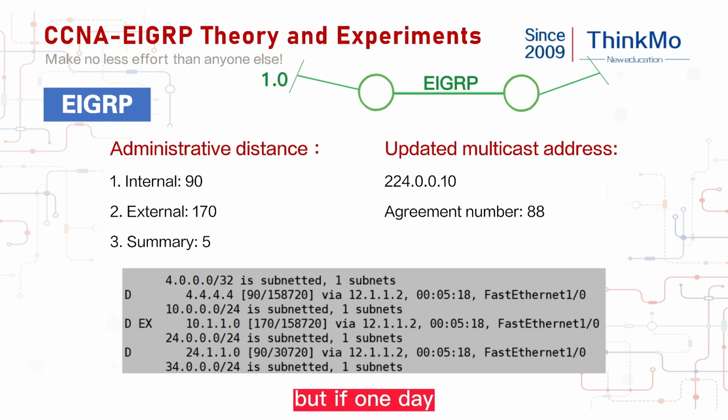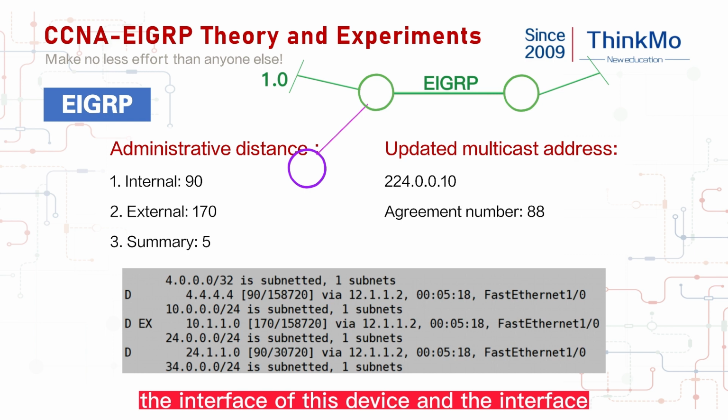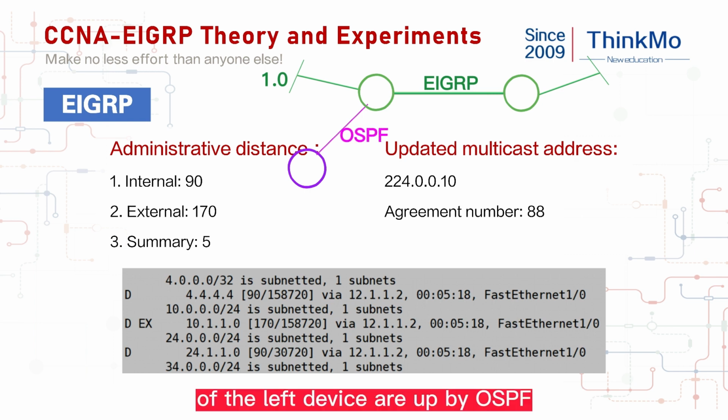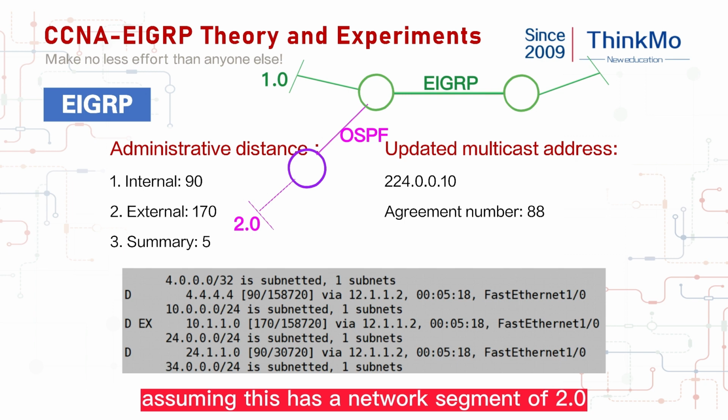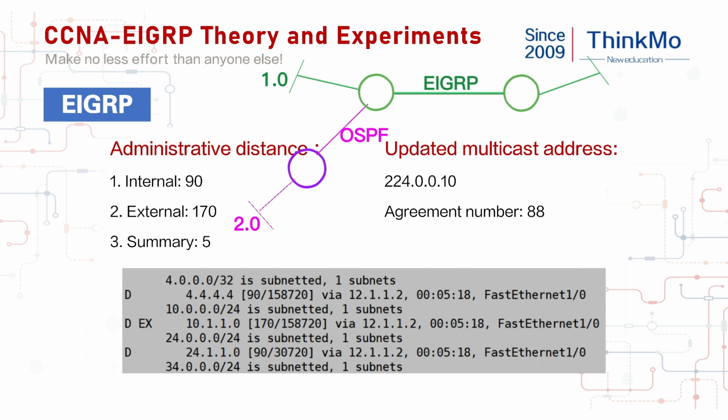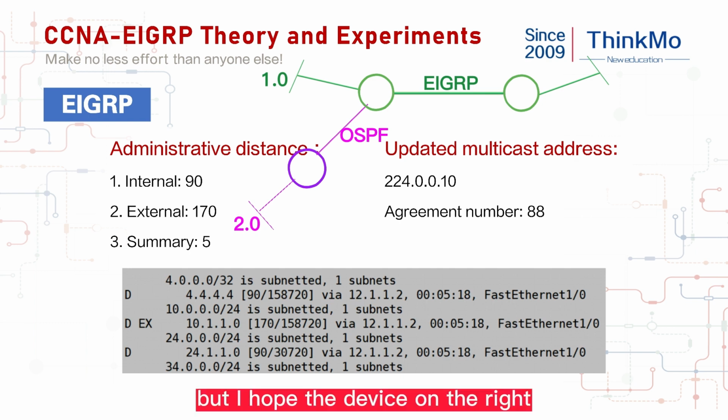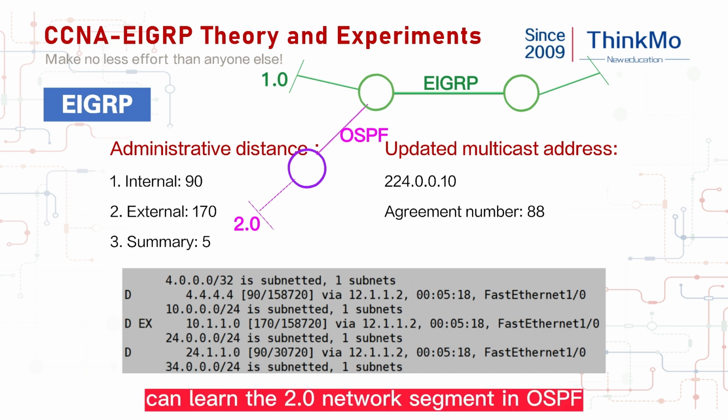But if one day there is a device here, and the interface of this device and the interface of the left device are up with OSPF, both of them running OSPF, assuming this has a network segment of 2.0. Although here is OSPF and here is EIGRP, I hope the device on the right can learn the 2.0 network segment from OSPF.